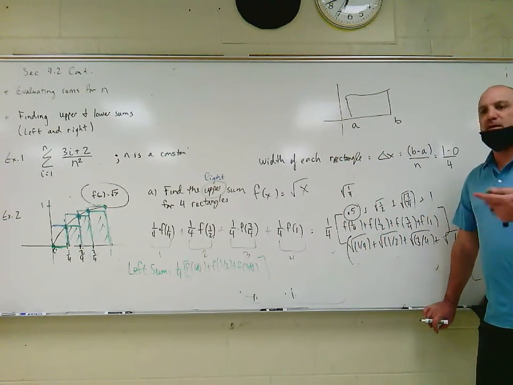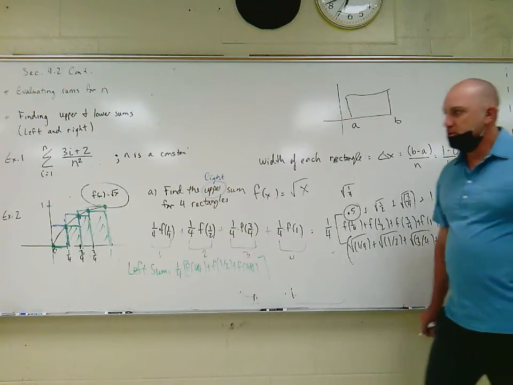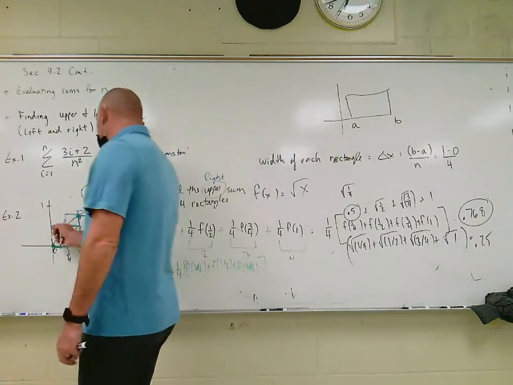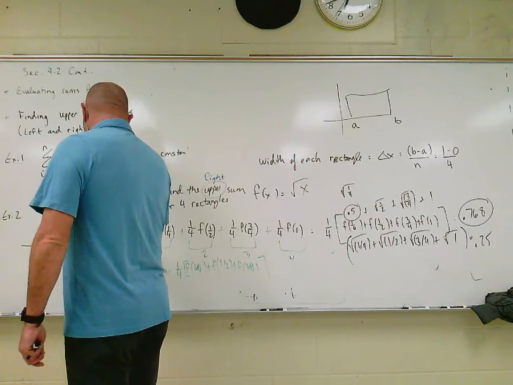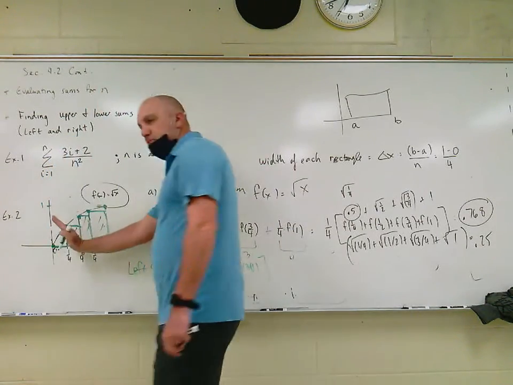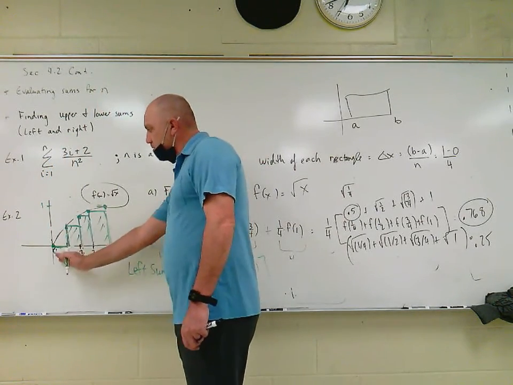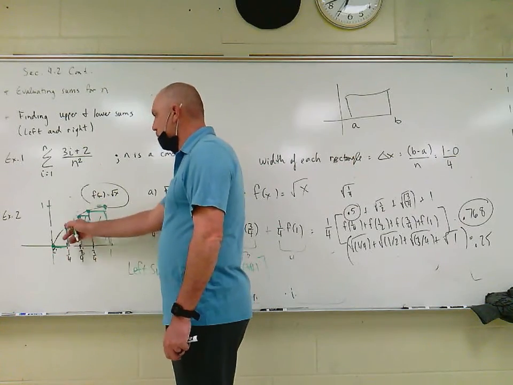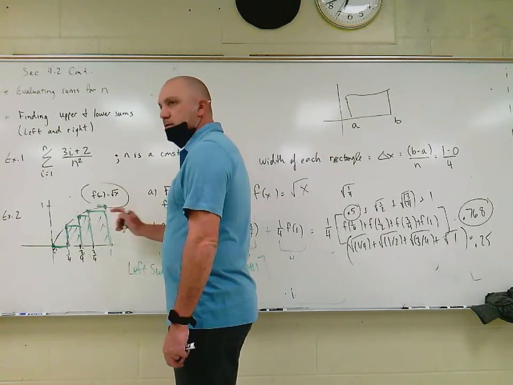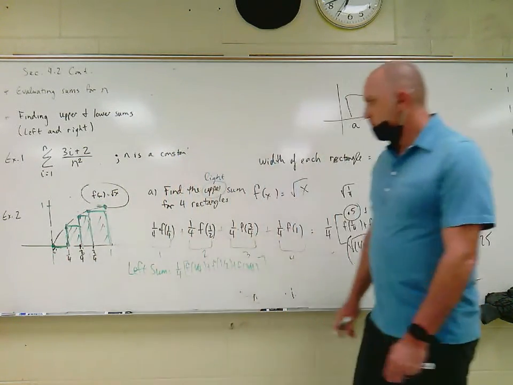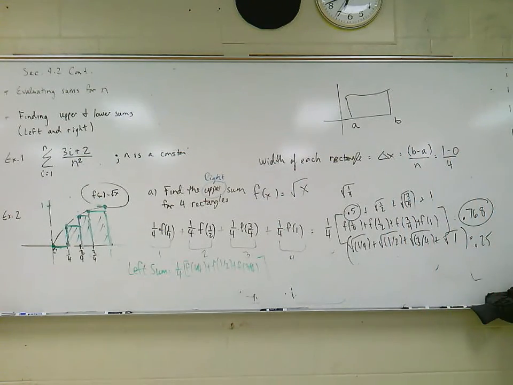Once you've typed it in, it should be fairly easy. So let me erase these blue ones so you can see the green ones. These are all left sums, because the left corner is touching the curve. See, no rectangle, rectangle, rectangle, rectangle. They'll have these drawn out for you in the homework.